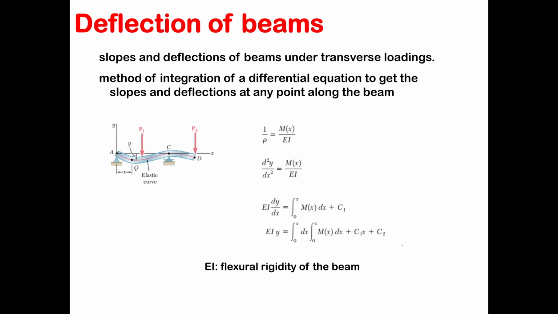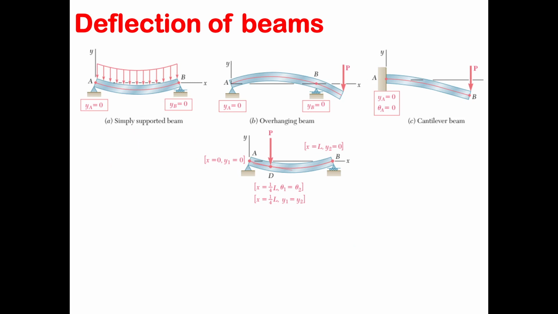And you always keep in mind that E multiplied by I is called the flexural rigidity of the beam. Okay, but then the question is, we have the equation for the deflection, but how can we determine this C1 and C2? These are essentially your boundary conditions in your differential equation, and we can determine them using the supports.